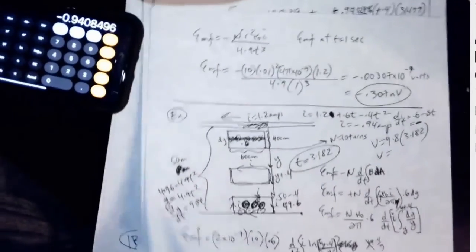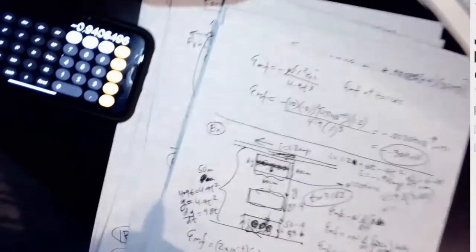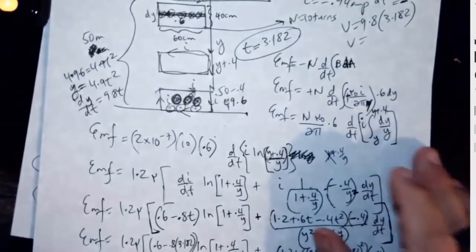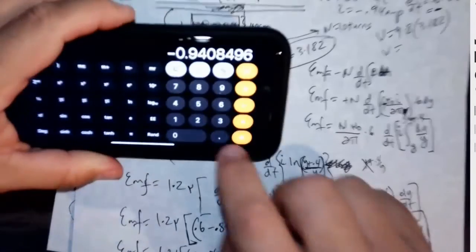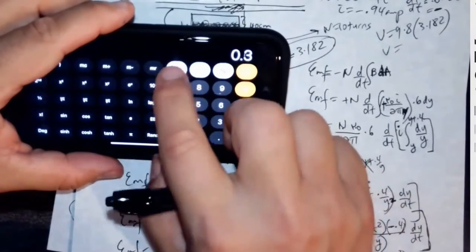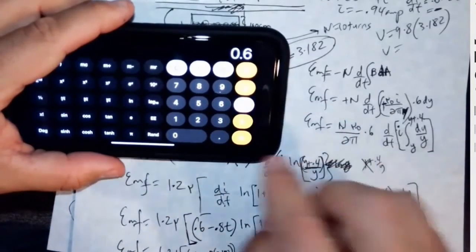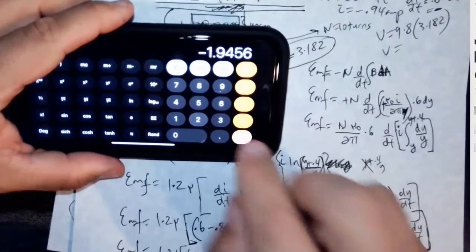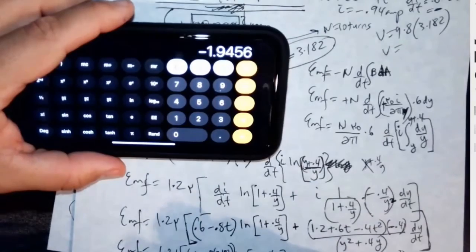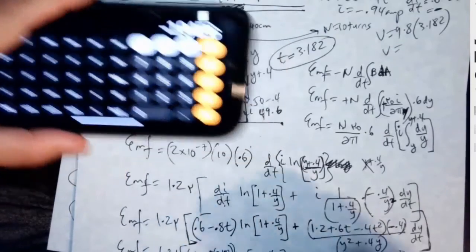I can't find it now, but it was negative 3 or something. Negative 0.6 minus 0.8 times 3.182. Okay, negative 1.9456.